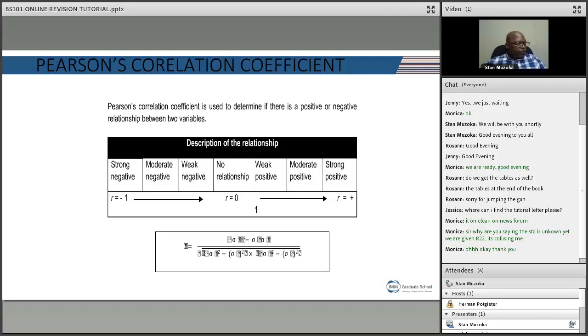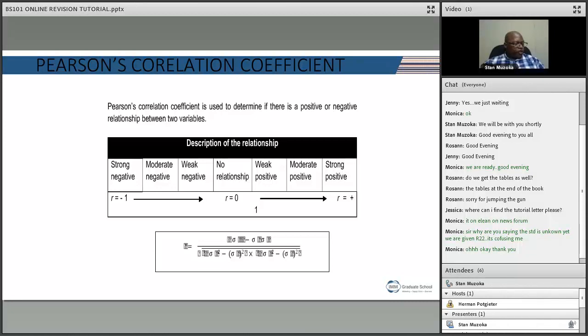R is equal to n summation xy minus summation x multiplied by summation y, divided by the square root of all those variables there. Yes, your table will give you those values.